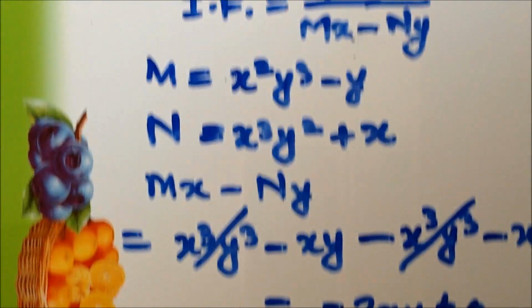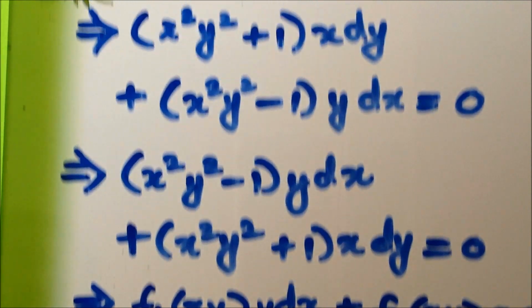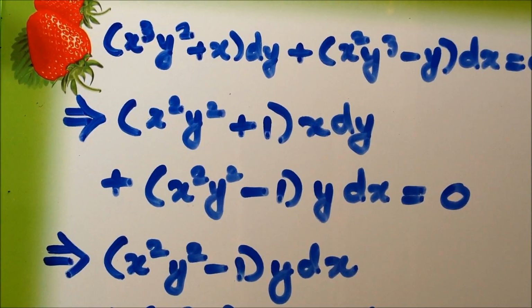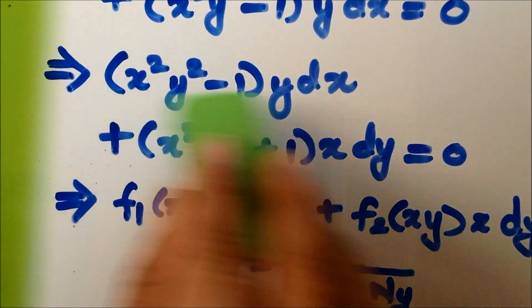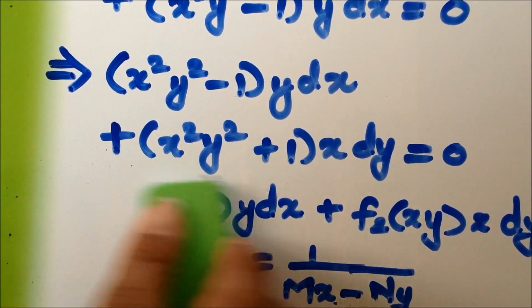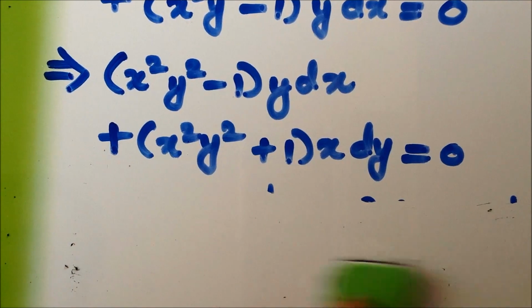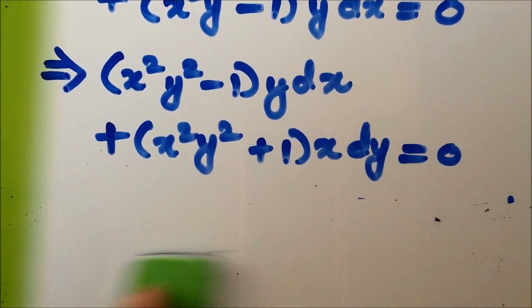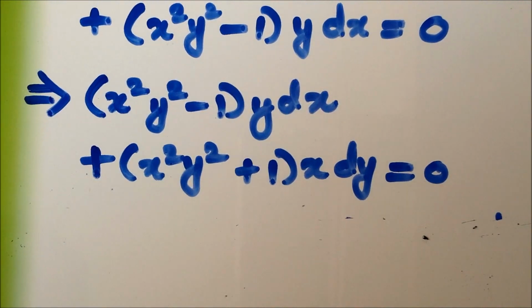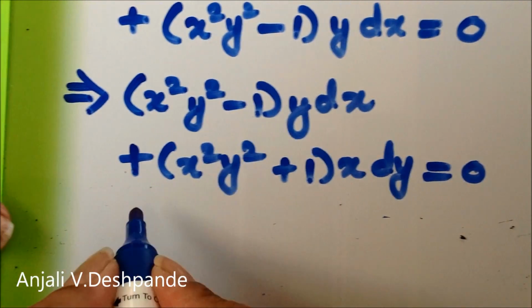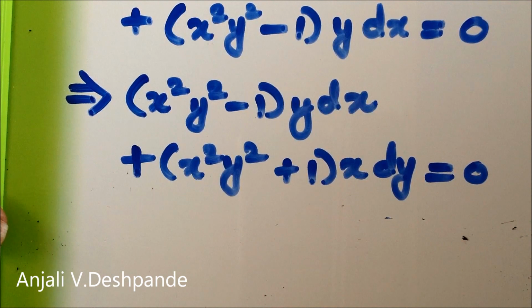Now we have to multiply this integrating factor with the original equation which is given to us, right? So over here we had rewritten the equation in that form which we needed. So we will just multiply this equation with the integrating factor, which is 1 upon minus 2xy.